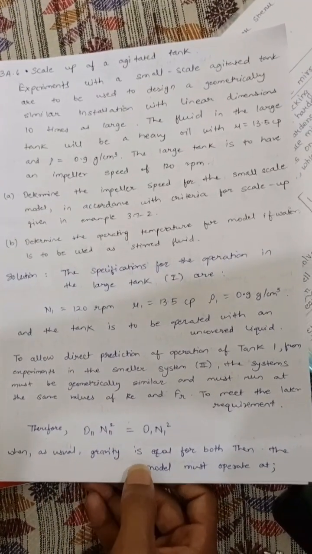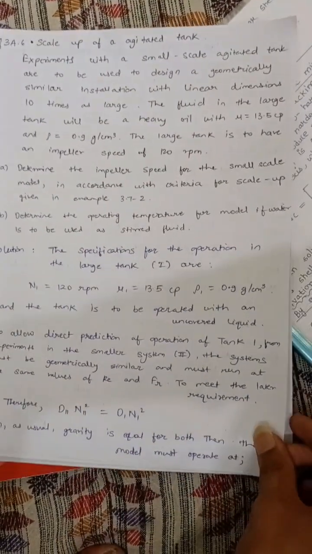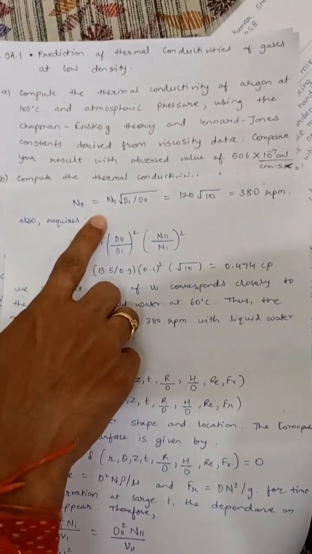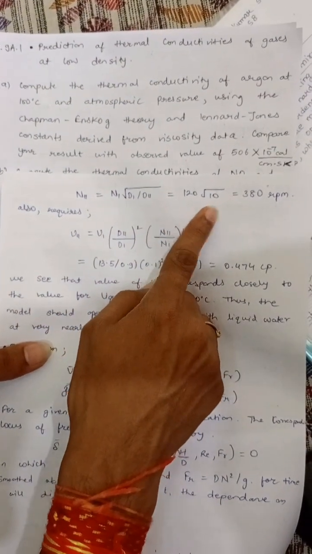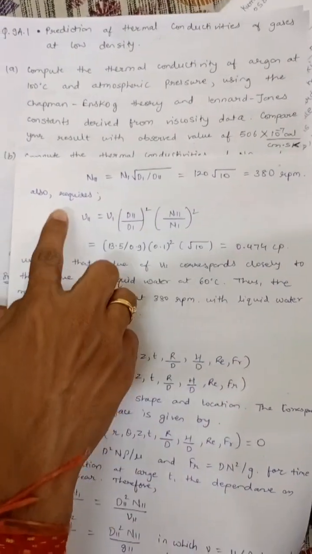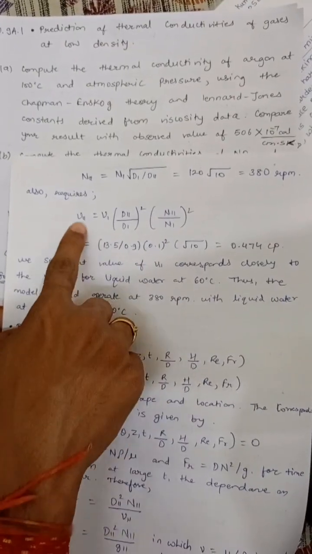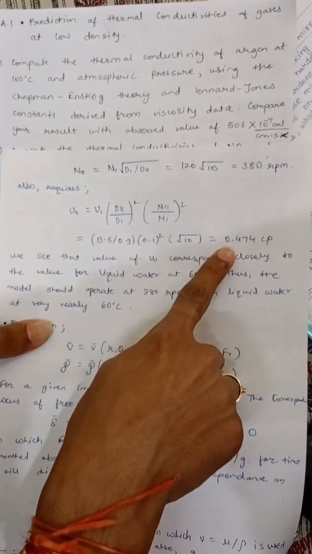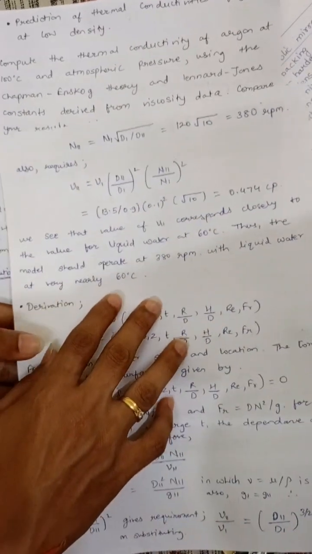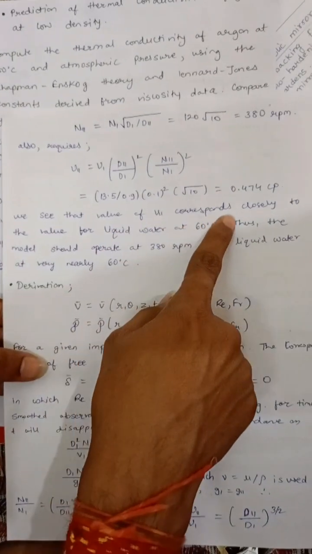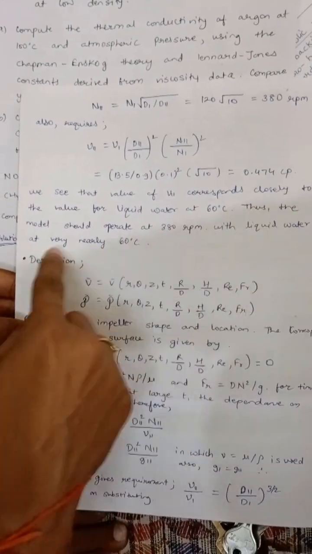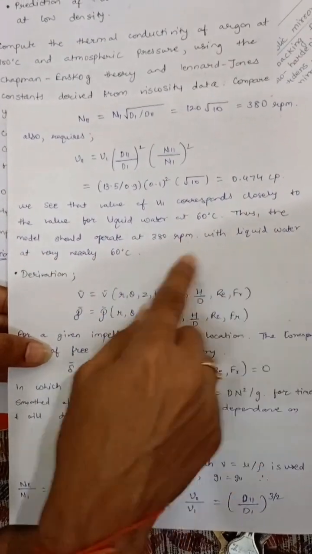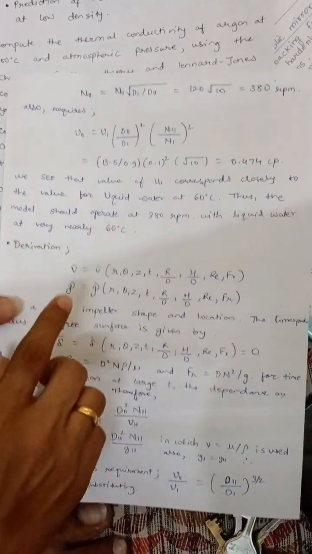Then as usual, gravity is equal for both, so the model must operate at n2 equal to 120 root 10, which is 380 rpm. Also we require this equation. On substituting, we get nu2 is equal to 0.474 centistokes. We see that this value corresponds closely to the value of the liquid at 60 degrees. Thus the model should operate at 380 rpm, with liquid at nearly 60 degrees.